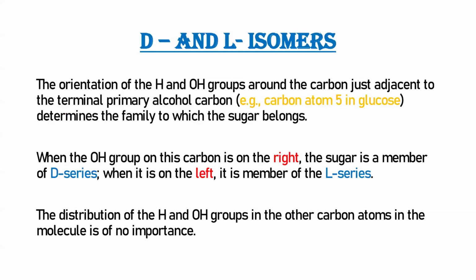If you check our previous slides, the orientation of the OH group at carbon 5 on the right leads to the D isomer, and the orientation of the OH group on the left leads to the L isomer.